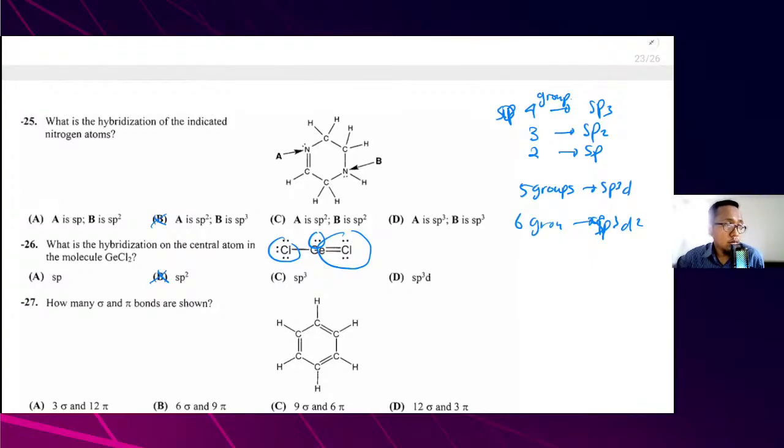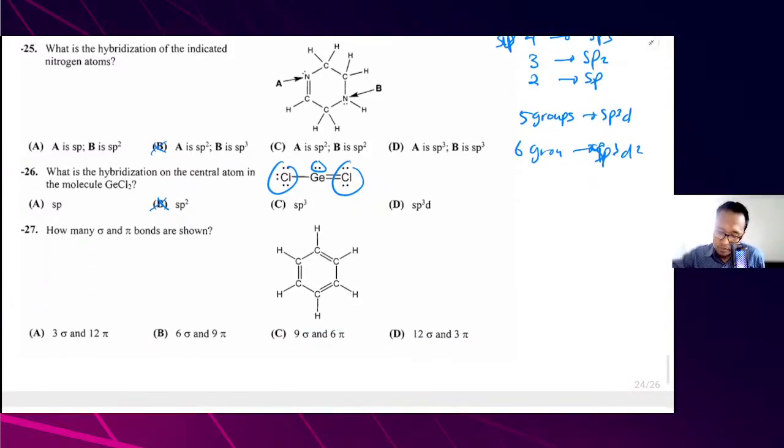Remember this one because of the number of groups. So for here 1, 2, 3, there are 3 groups, so sp2. Yeah, that's great.